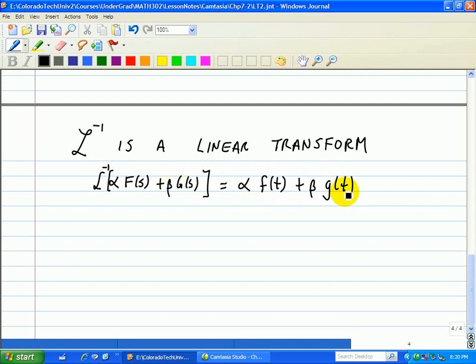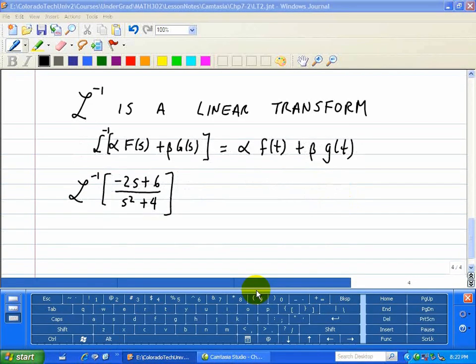This is what we mean by a linear transform. We can do an example now. So let's apply this linear transform associated with the inverse Laplace transform with this example.